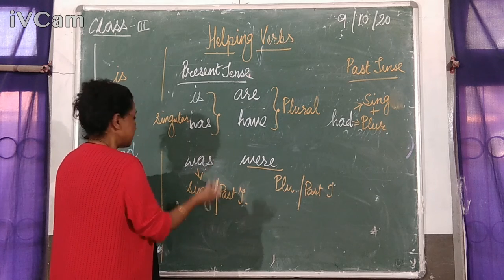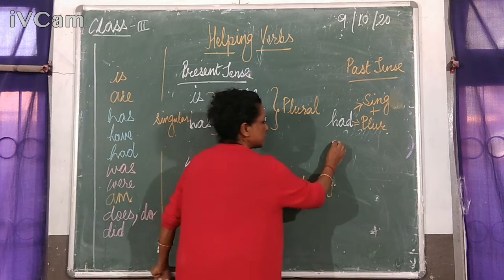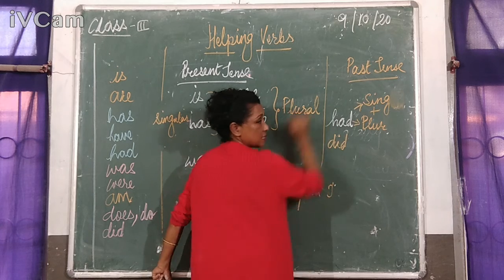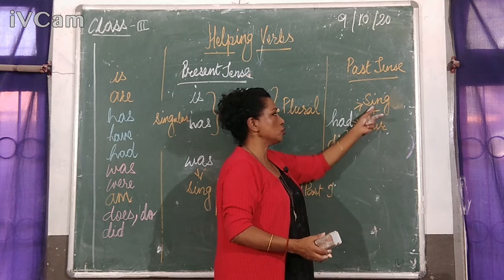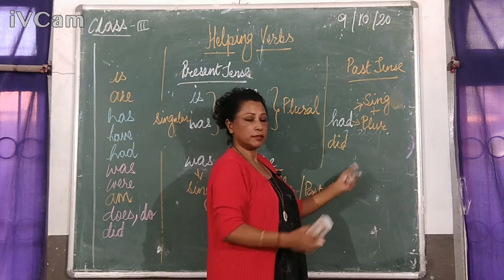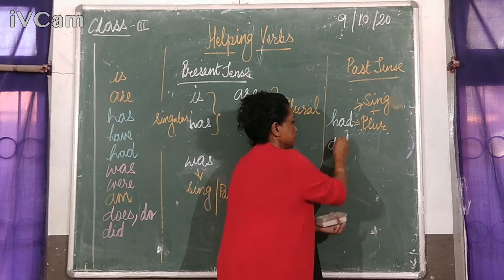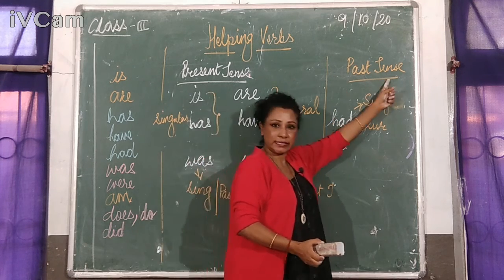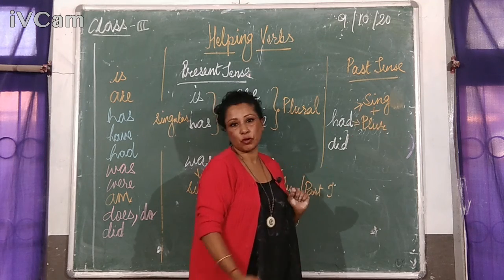And did, I told you, also tells you about past tense. It can be both singular and plural. So let me write: had and did both tell you about past tense, and it can be singular and it can be plural.